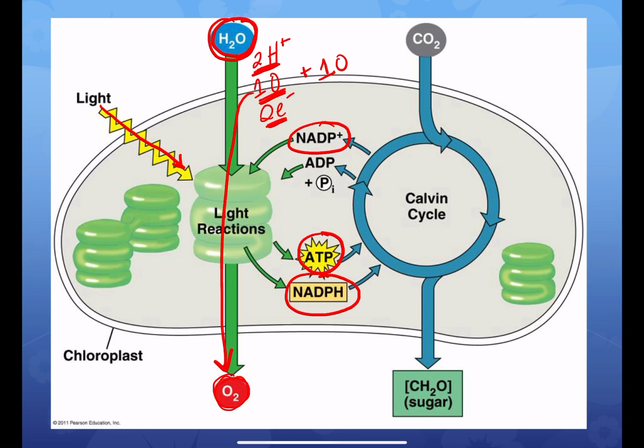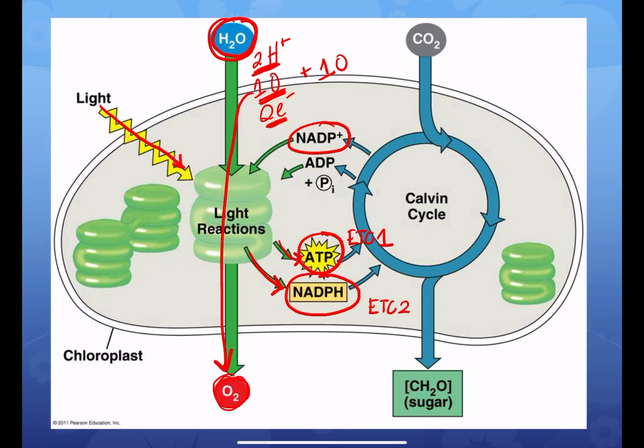Sorry, I have to go back so many slides. Making our ATP in the first round of the electron transport chain, making our NADPH in the second round of the electron transport chain. Okay, ETC1 and ETC2. All right, NADPH is not made in ETC1.